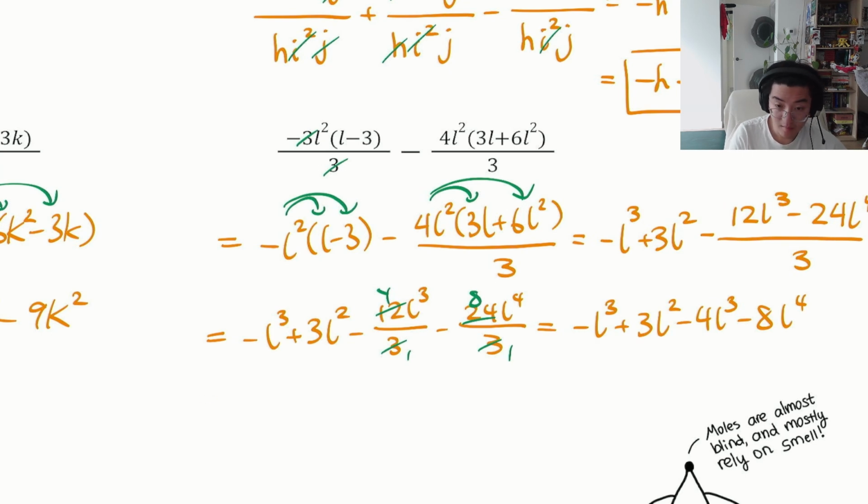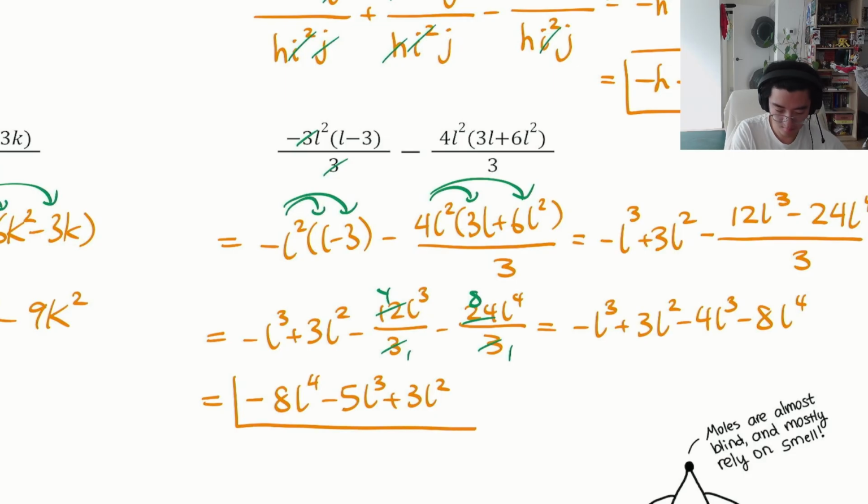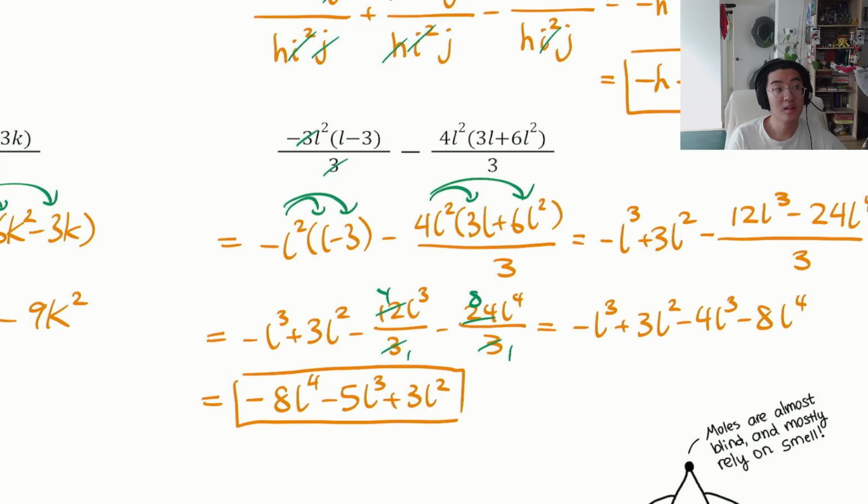And of course, we have to rearrange them based on descending order of power and combine like terms in this case. Minus 1, minus 4. Just like that.